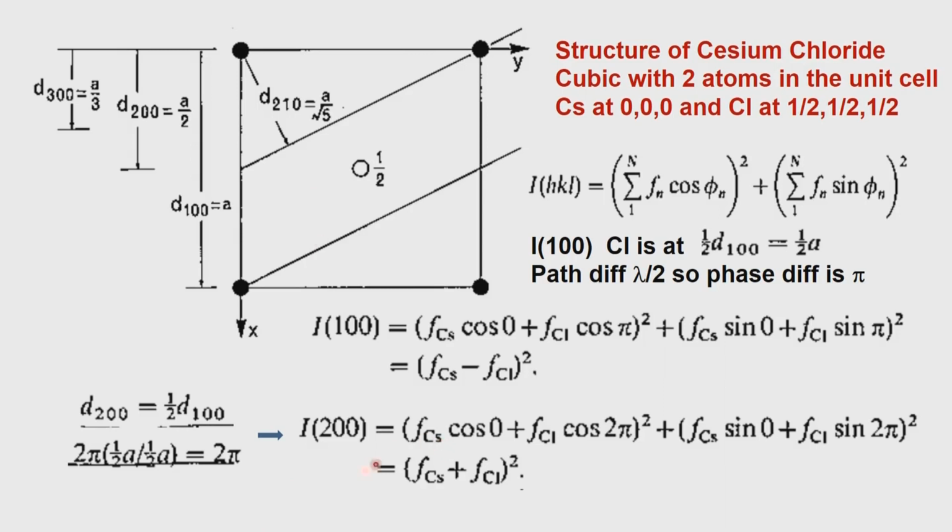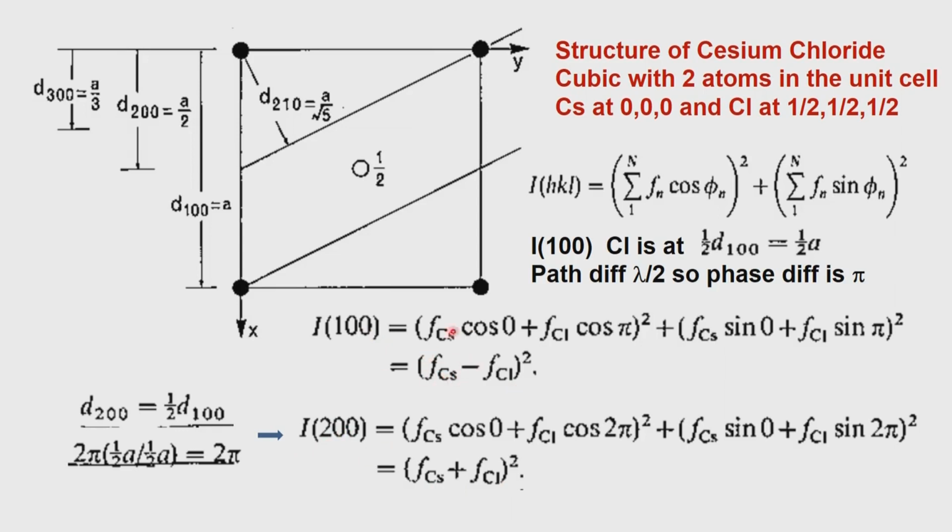However, you see that the contribution to the intensity 200 comes out as f of Cs plus f of Cl, squared. So, it may be that even though f Cs, f Cl individual values are lower, the contribution to the I200 will be much higher because they are adding up, whereas in this particular case the contribution is subtracting.